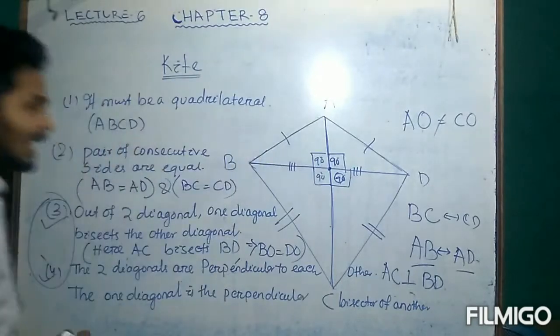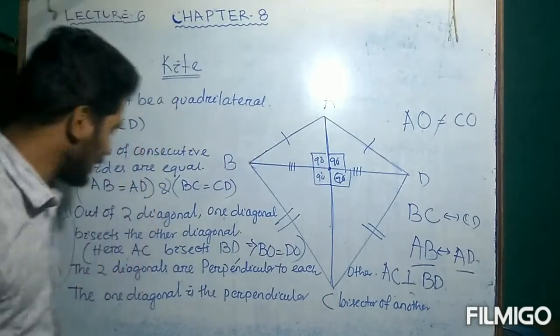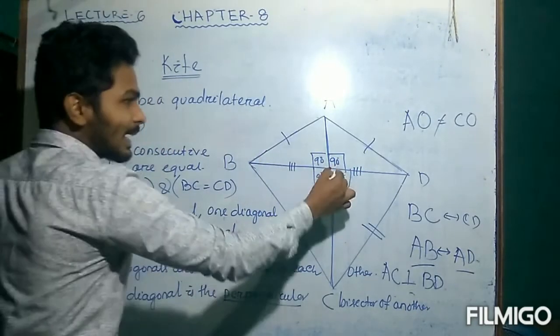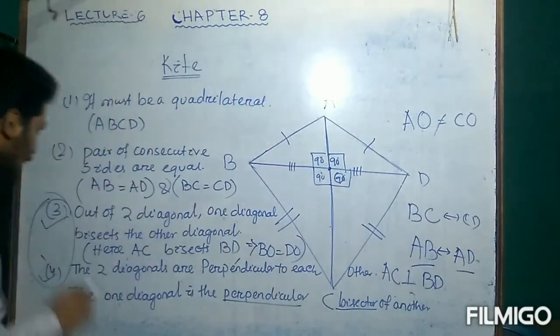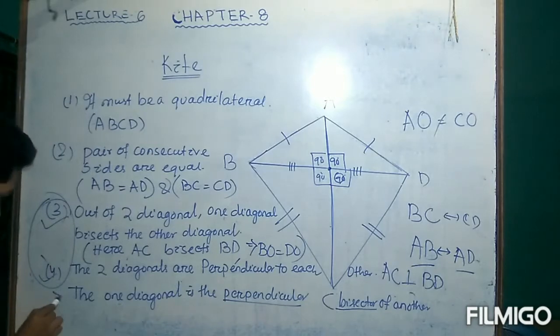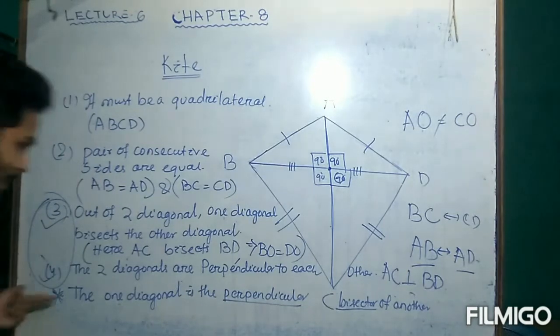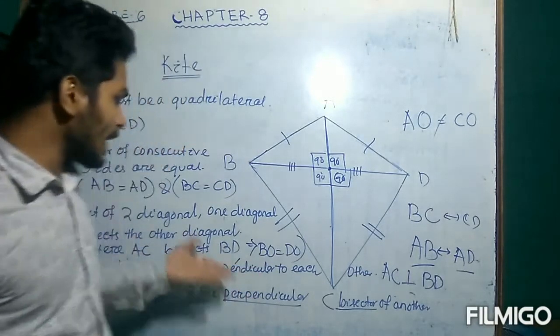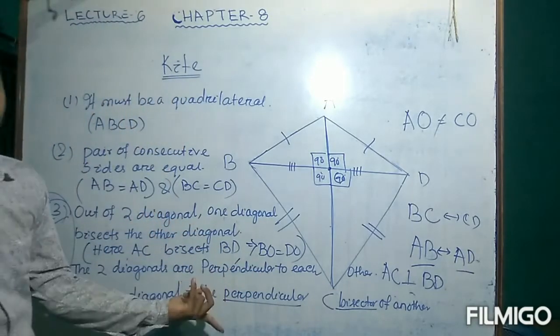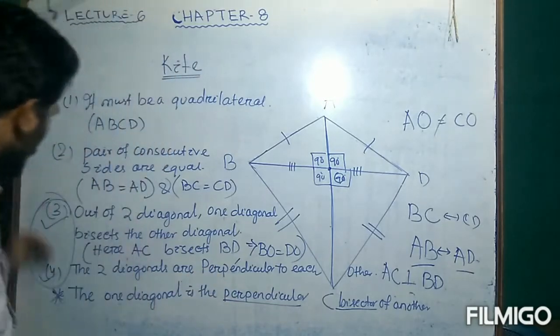Perpendicular means they are at 90 degrees. Bisector means it bisects BD. So instead of writing these two properties, you can write this one property, which determines both. It's your choice. Either you can write these two properties or you can write this property. Clear? So these are the four properties.